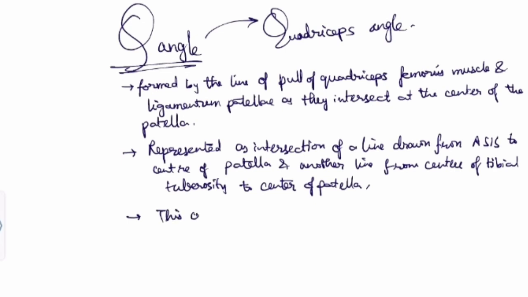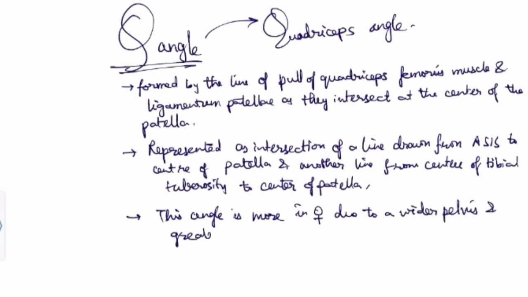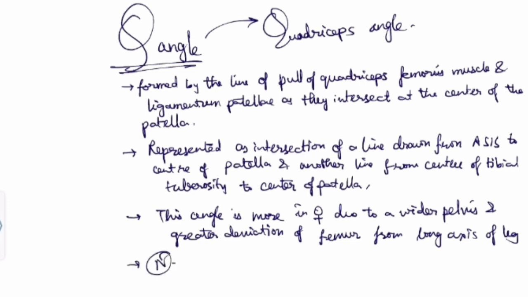This angle is more in females due to a wider pelvis and a greater deviation of femur from long axis of leg. Normal value 10 degrees for men, 15 degrees for women.